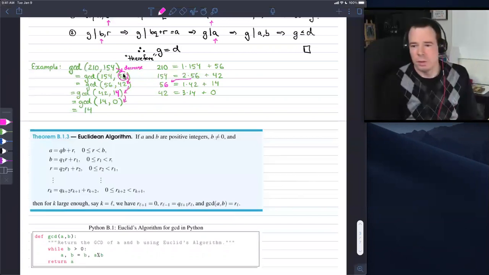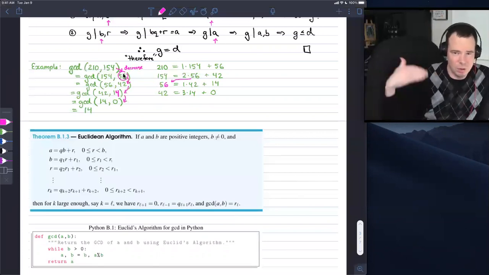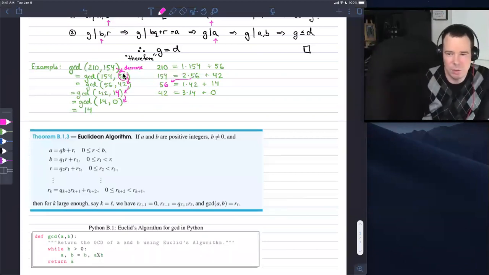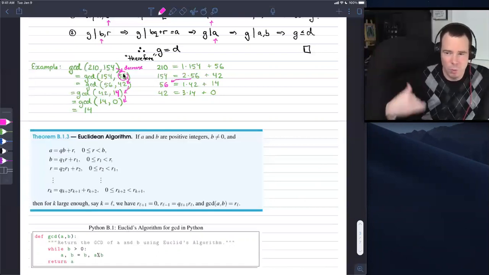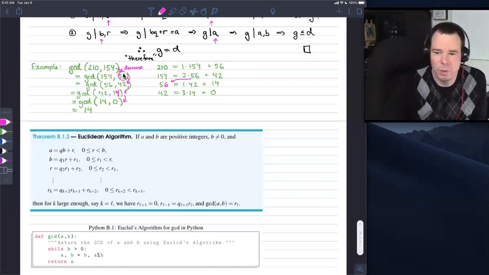Each stage I do this division and remainder, it's going to decrease. I know it's at worst going to take me 154 steps, because that number has to drop every time. A worst case scenario is it drops by 1. In fact, it'll drop by more, but it's got to drop by at least 1 every time. And so it's going to end. This algorithm will terminate.